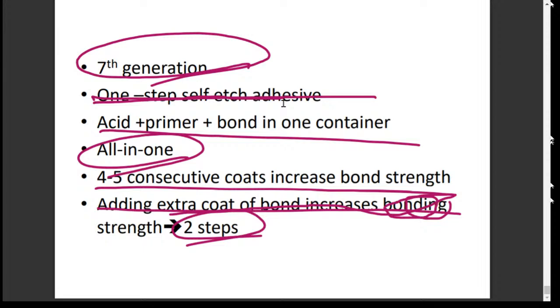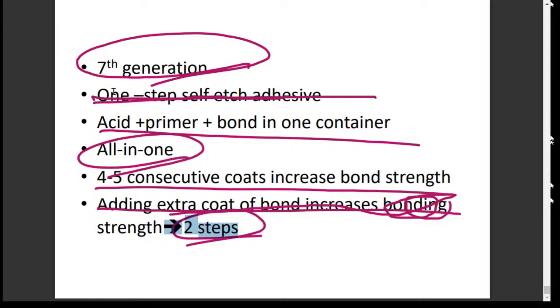Two to three consecutive coats increase bond strength. Addition of an extra coat of bond increases bonding strength. This will contain 2 steps instead of 1 step.